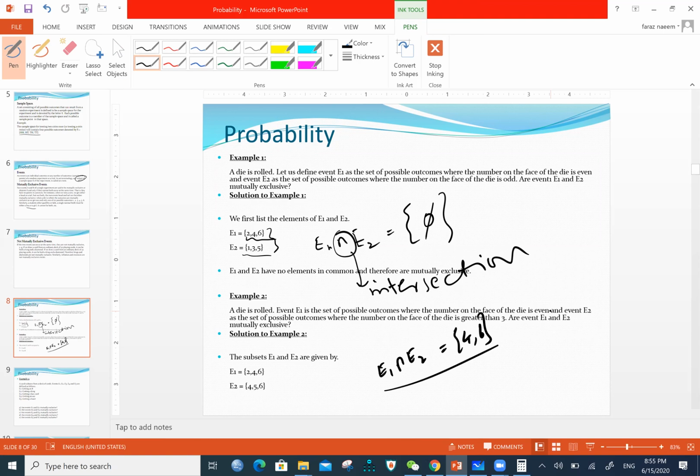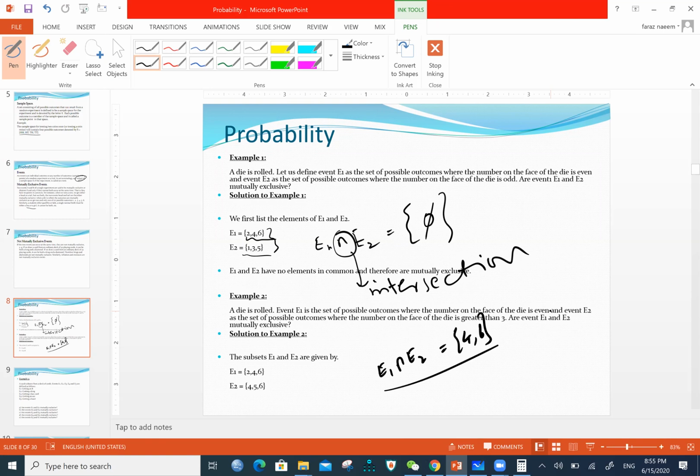Similarly, 6 is greater than 3 and 6 is an even number. So they can occur together. They satisfy both properties which were asked, like the number should be even and it should be greater than 3. Is that clear?